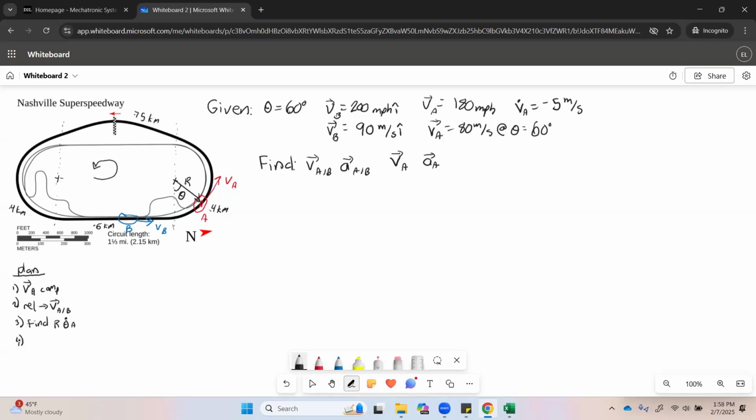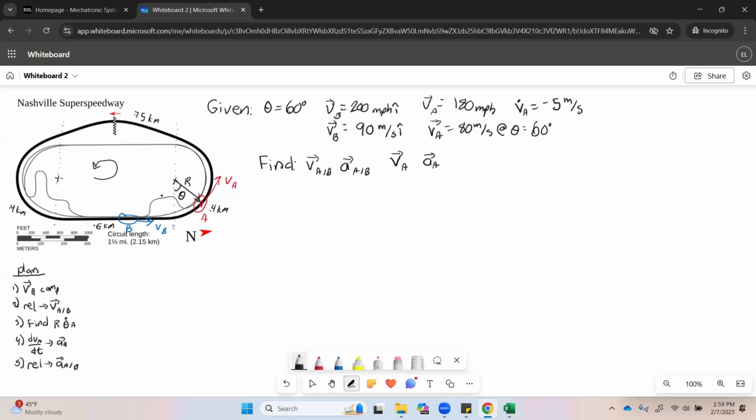Once we've got those parts, we will take the derivative dVA/dt to get acceleration of A, and then we will use the relative acceleration formula to get acceleration of A relative to B. So that's the game plan.